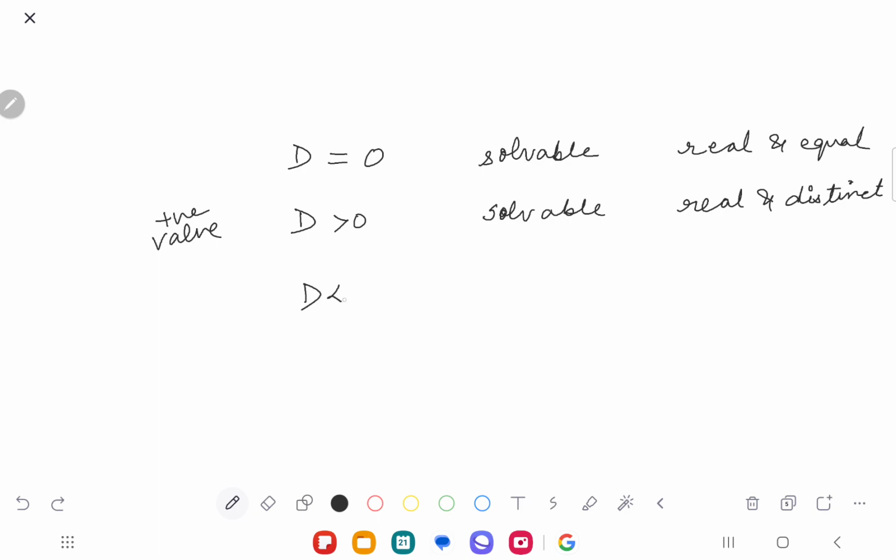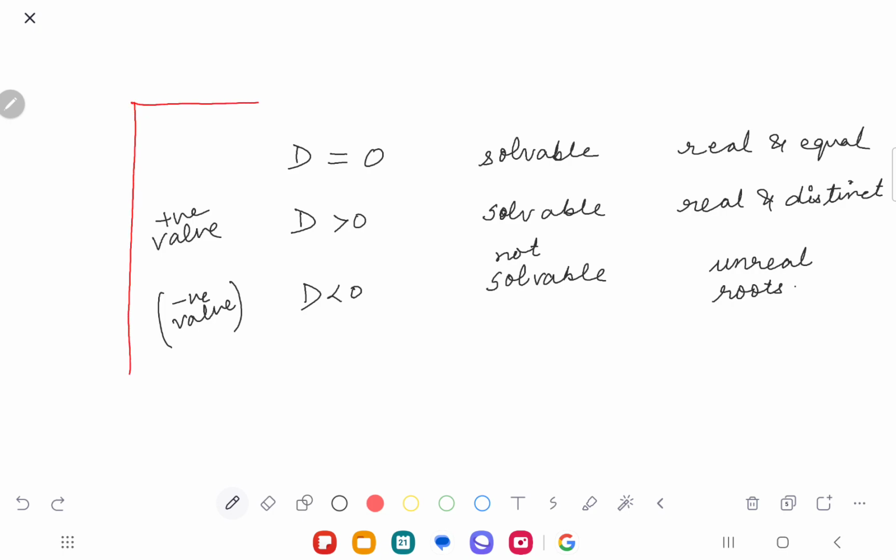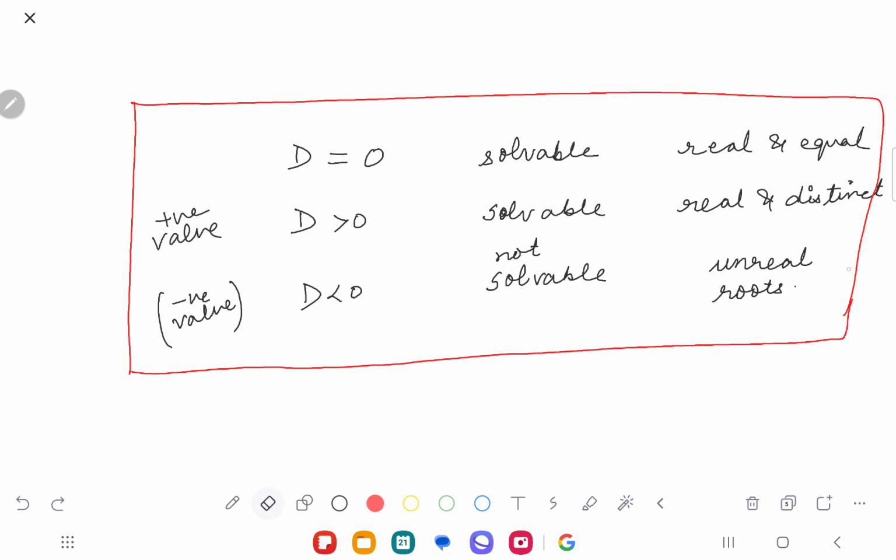And if the discriminant is less than 0, that means it is some negative value, you will say the equation is not solvable and it shall have unreal roots. Do you understand my point? So this is the concept. Understood or not? Okay, that is the concept.